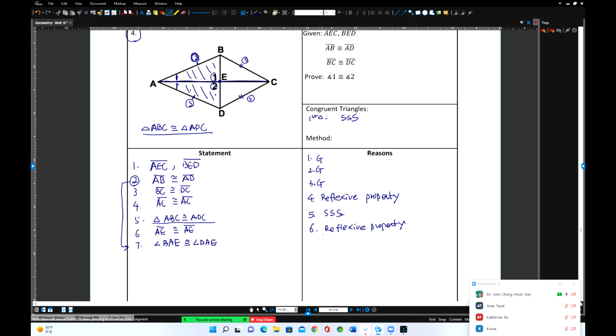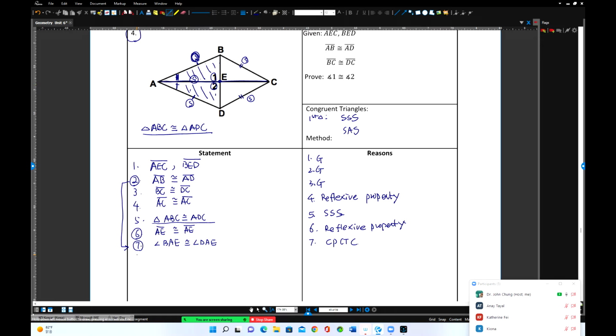You can use CPCTC for this. Now we got side, another side, and an angle. What is that? Side, angle, side. The method is side, angle, side.